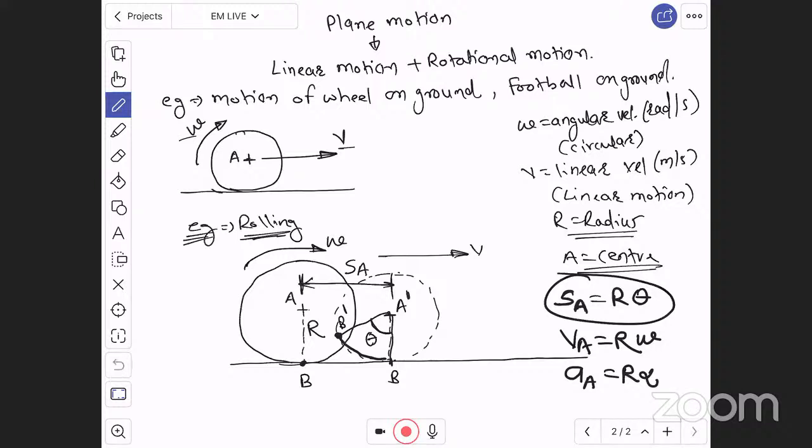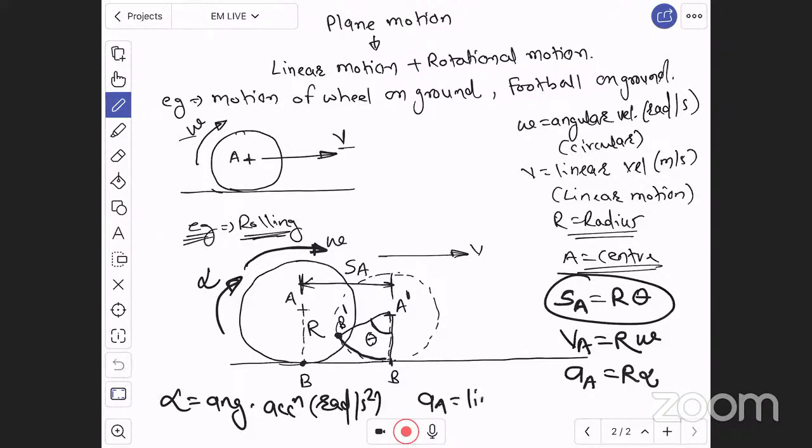This wheel is moving with angular velocity omega, then there will be an angular acceleration alpha also. Alpha is angular acceleration, in rad per second square. And A is linear acceleration of A, in meter per second square. Right. These are the relations for center point.